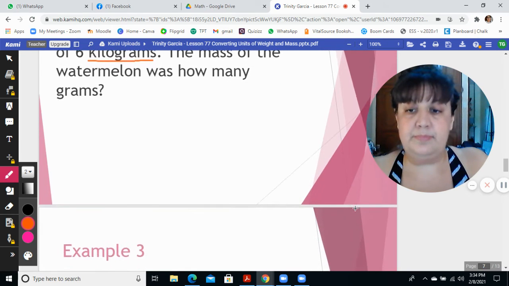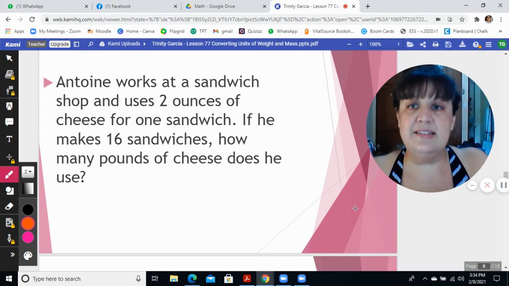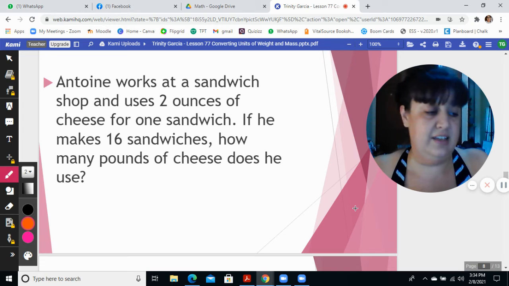Okay. Example 3. Anton works at a sandwich shop, and he uses just 2 ounces of cheese for 1 sandwich. If he makes 16 sandwiches, how many pounds of cheese does he use?